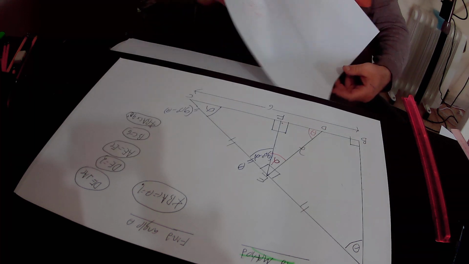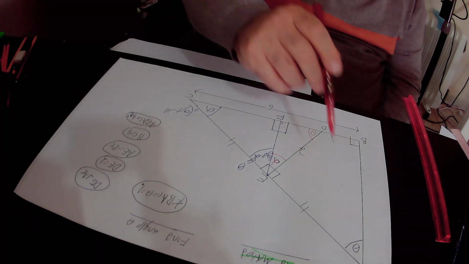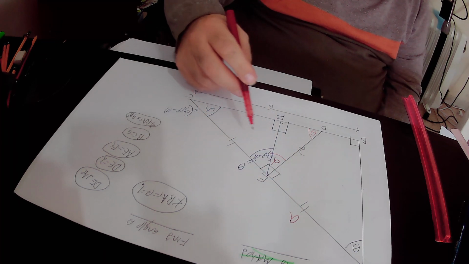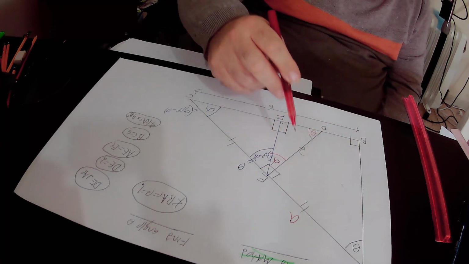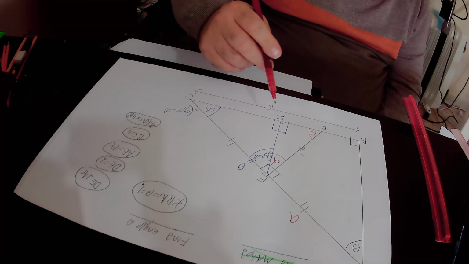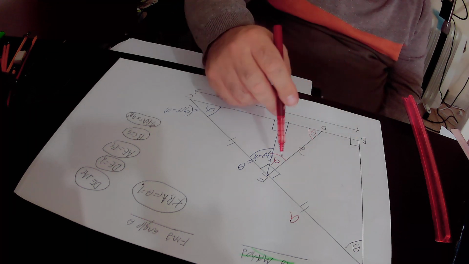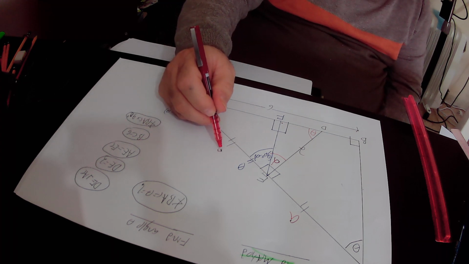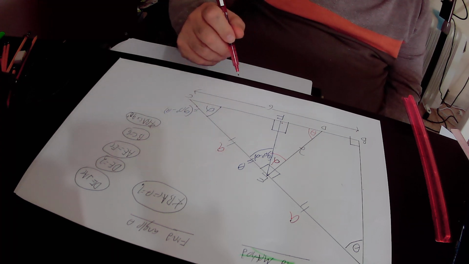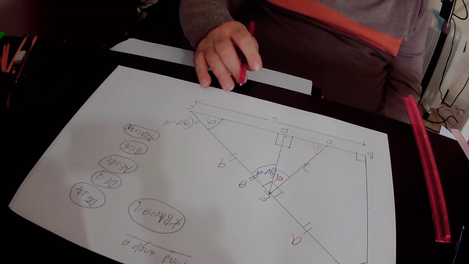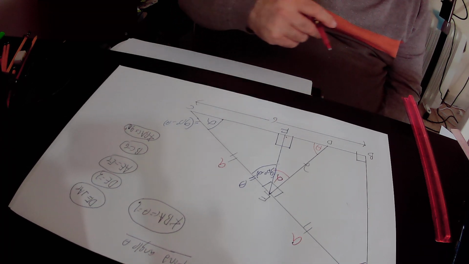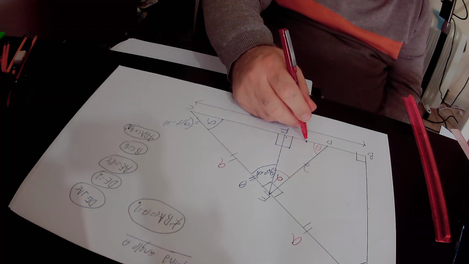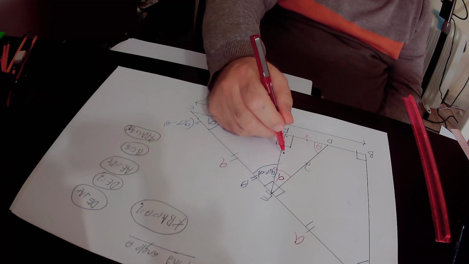Here we will define side AE as A. It is given in the question that AE equals EC, therefore EC must also equal A. We define side EF as Y.